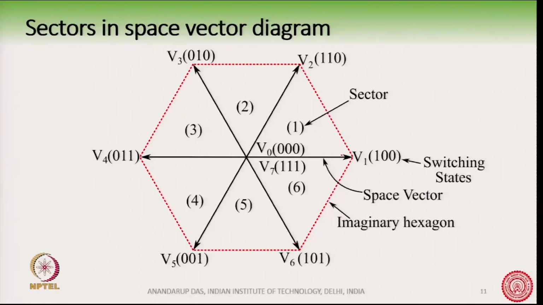These triangular regions are called sectors. So, there are 6 sectors, 1, 2, 3, 4, 5, 6, in this space vector diagram. These sectors are useful when we do the switching on the space vector diagram. We will see that sometime later.